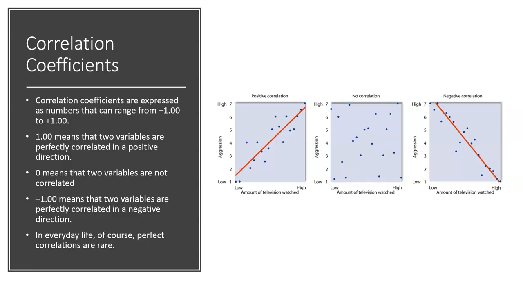So with TV or any kind of media consumption, you're typically going to get correlations in the 0.2s, which are solid, but what it says is media consumption explains a very small proportion of the variability in human aggressive behavior. Other factors are in play.